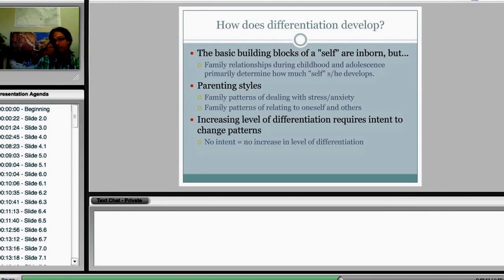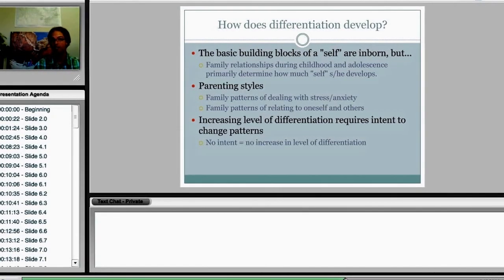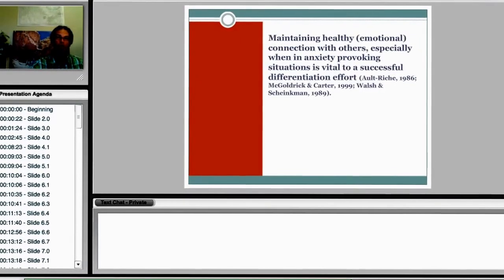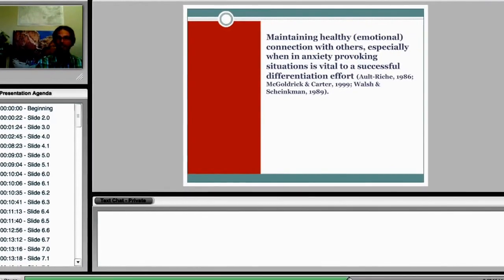Did you intend to do that? And you may find that you have a level of differentiation that's similar to your parents. If a generation makes a concerted effort to do a few things differently, they move a few points up the scale. It will not happen without intention, awareness, and an actual choice to do that differently. So without intent, there will be no shift in that level of differentiation.